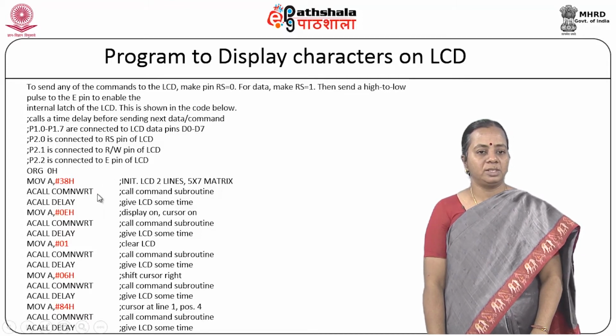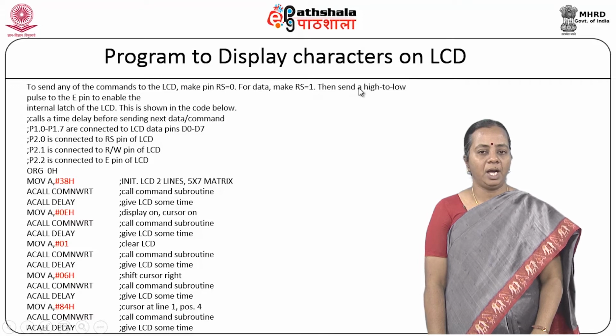Now, this is a sample assembly code to display characters on LCD. Here is the information. If I make RS as 0, then register select is 0, and the LCD understands that it receives commands. If I make RS equal to 1, the LCD understands that it is getting data.